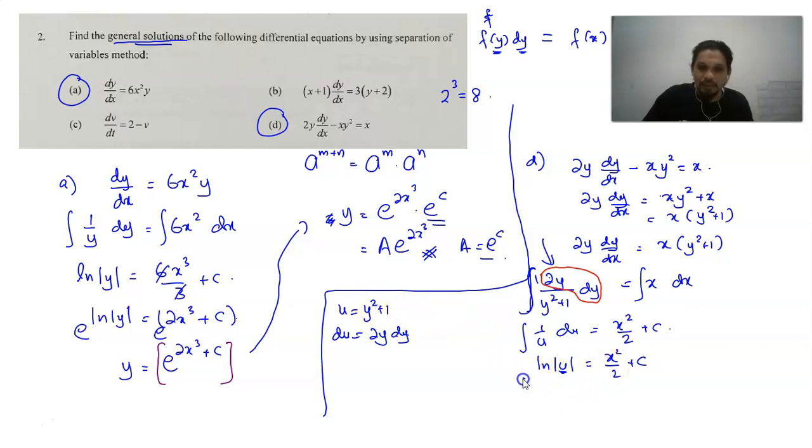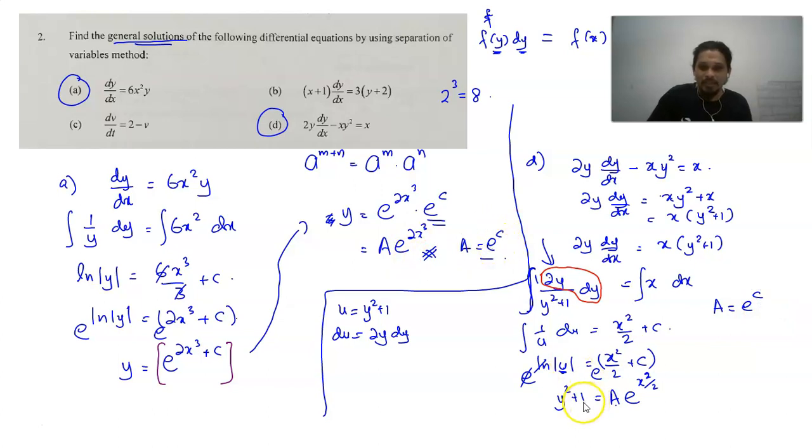So y squared plus 1 equal to a e to the power of x squared over 2, where a equal to e to the power of c.